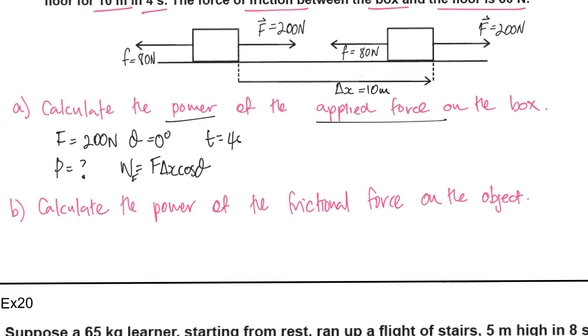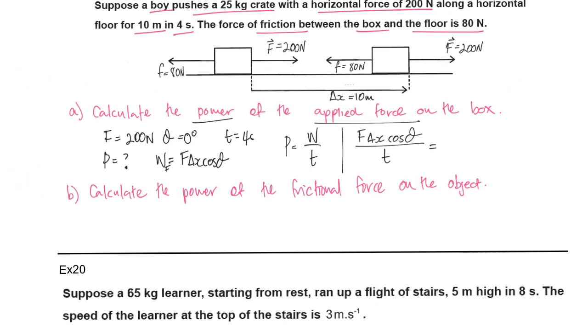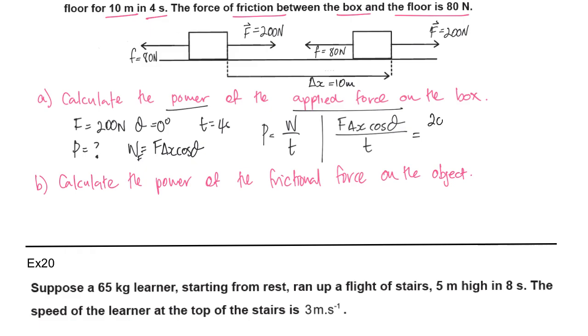Alright, just for spatial reasons, this is how I'm going to sort this out. Power is equal to work over time. I don't have work, so I'm going to say F delta X cos theta all over time, which is then equal to my applied force, which was 200, multiplied by my delta X, which was 10 meters, cos 0 degrees all over 4.